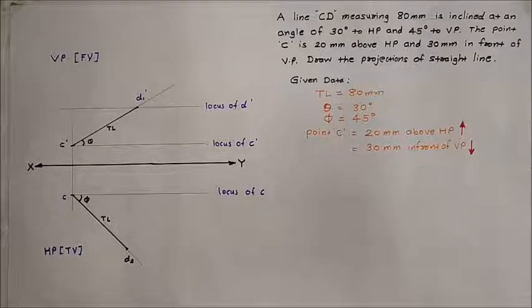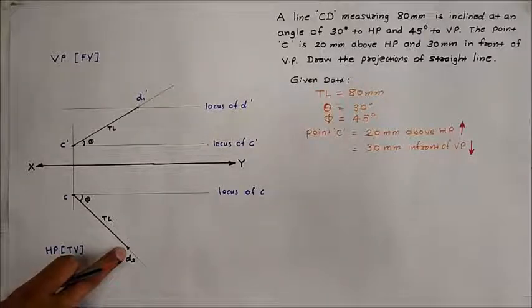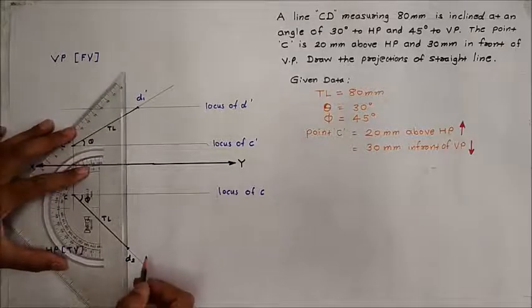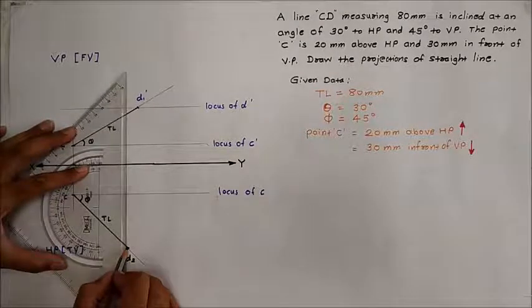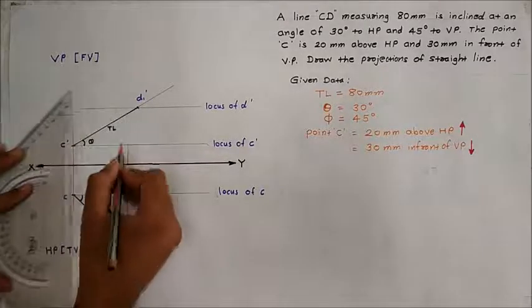Now for plotting the front view of the line, draw a projection line which starts from D2, and that projection line should be perpendicular to the XY line. You have to draw this line till it meets the locus of C dash.